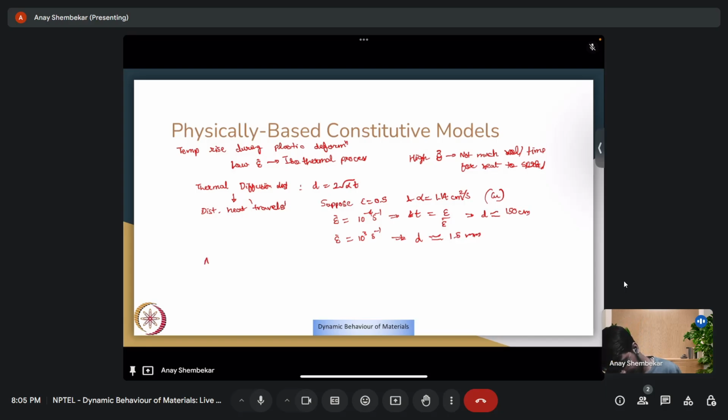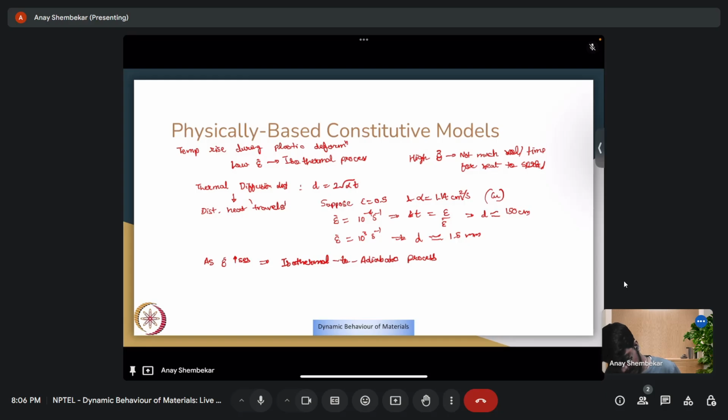So as epsilon dot increases, you have an isothermal to adiabatic process change, thermodynamically speaking.